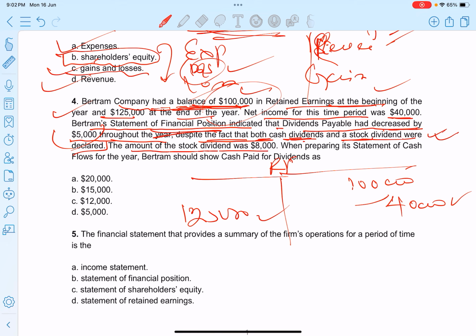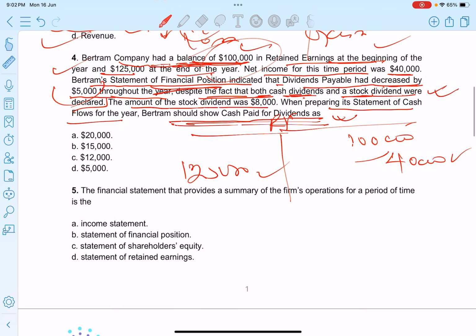So now coming to this 8,000, while preparing the statement of cash flow, we need to find out the cash paid as a dividend. So we are starting with 100,000 plus 40,000 profit of the year plus 5,000 because we have reduced our liability.